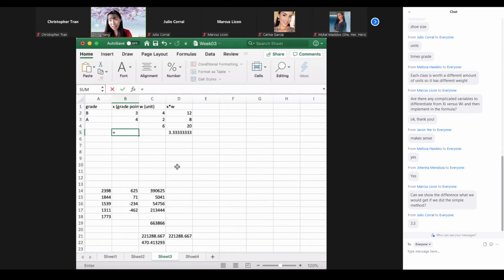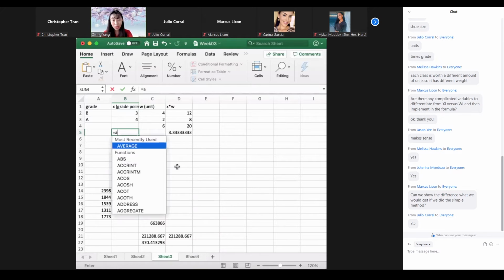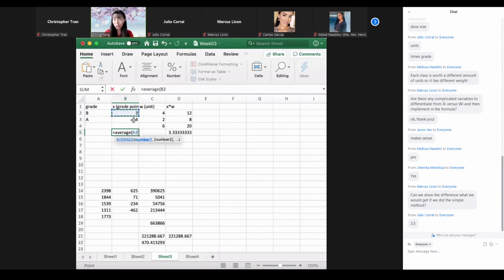I mean, there is an Excel formula. Yes, 3.5. So there was an Excel formula that you can type average, parentheses, select your two values, close parentheses, hit enter. So that is your simple average.